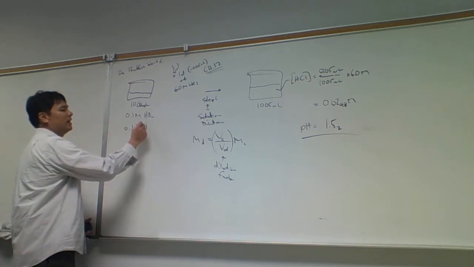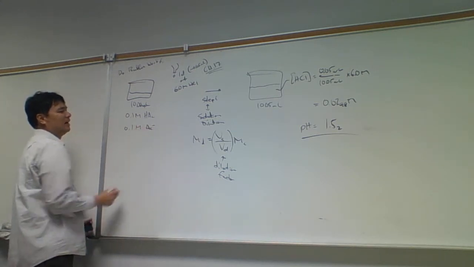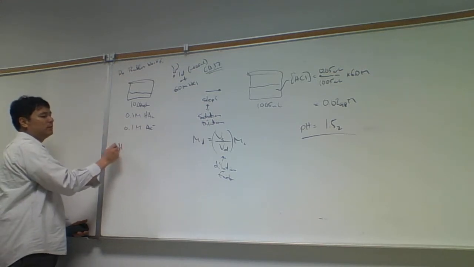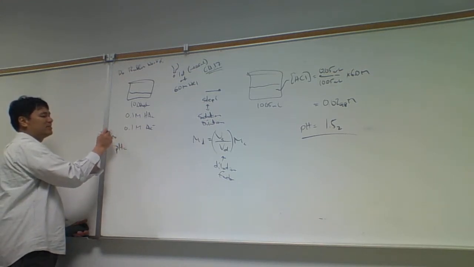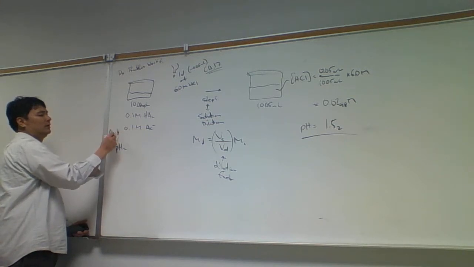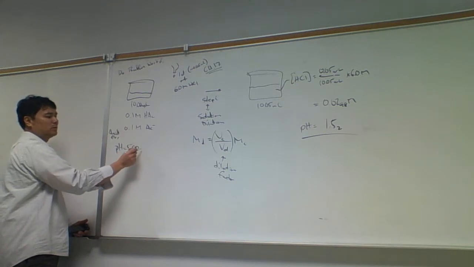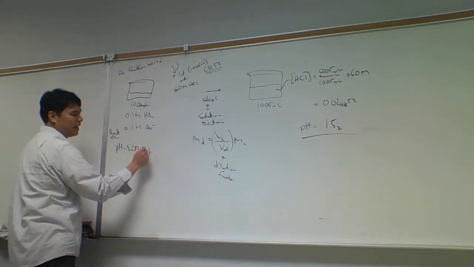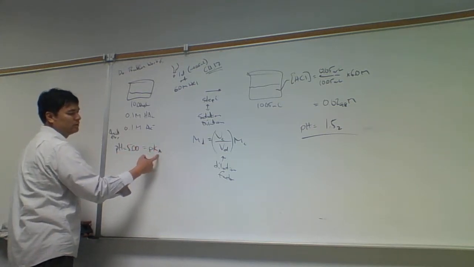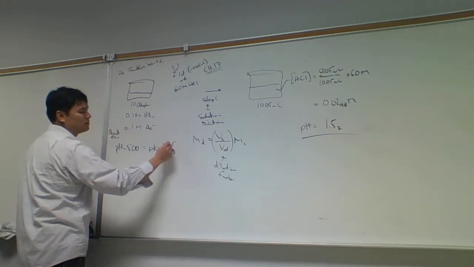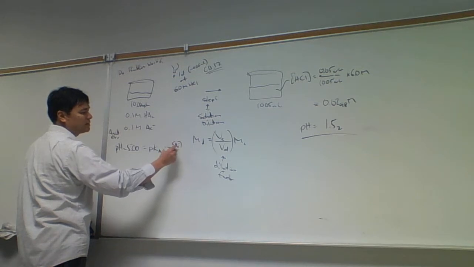If I wanted to figure out how I could get this to pH 5, I just have to figure out what ratio is required. Because if I want the pH of 5, let's just do this as an aside. My desired pH is 5.00, and this is equal to the pKa, which is known, 4.744, plus the log of the ratio. And so all I have to do is solve for the ratio of acetate to HAc initial.